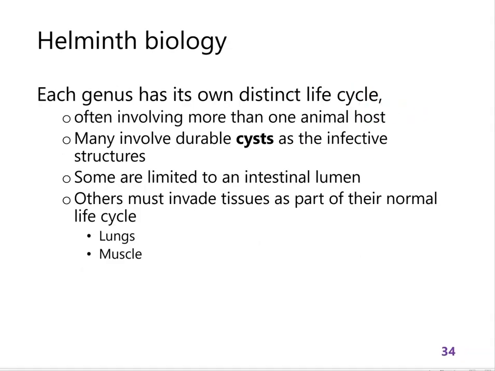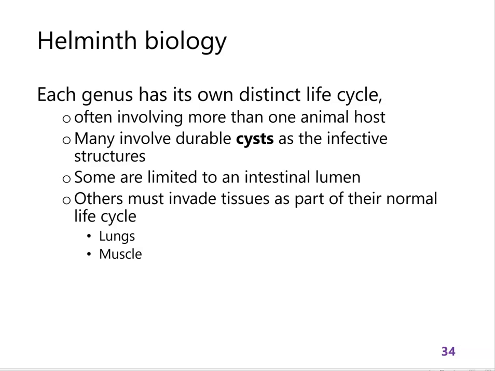So helminths are strange little things. They're not always that little. They are animals, which means they are multicellular, but they have these microscopic life stages. And one kind of microscopic life stage some of them can have is a cyst, which is a dormant structure that is sort of inert.